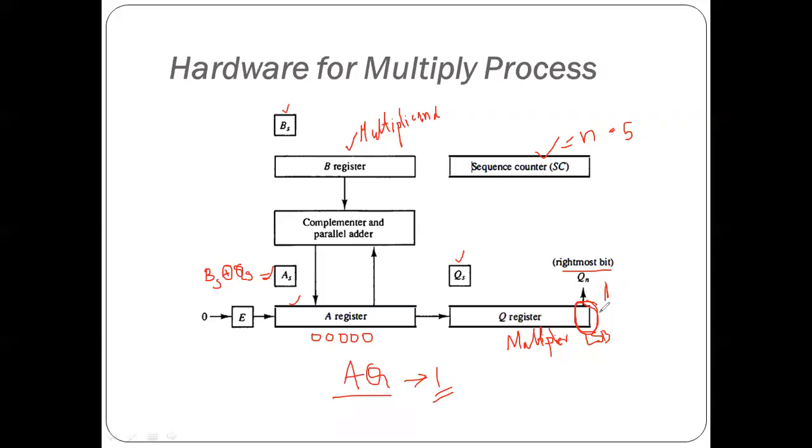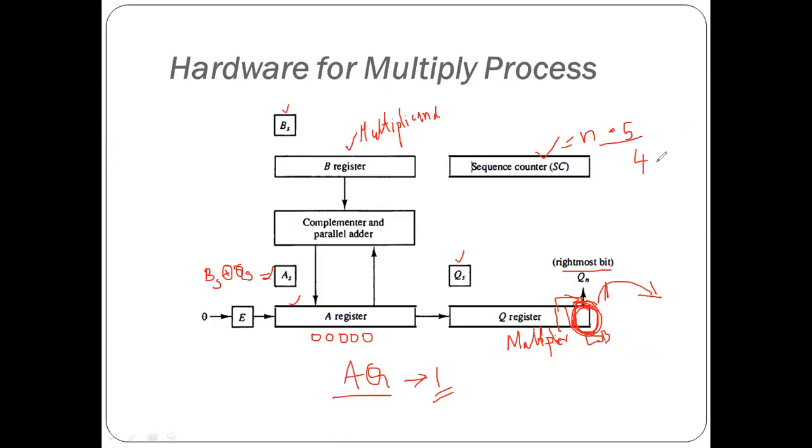The bit that was inspected in the multiplier moves out of its position, and now the second bit will be in the Qn place, which is always inspected. Am I clear? And the sequence counter is reduced by 1.